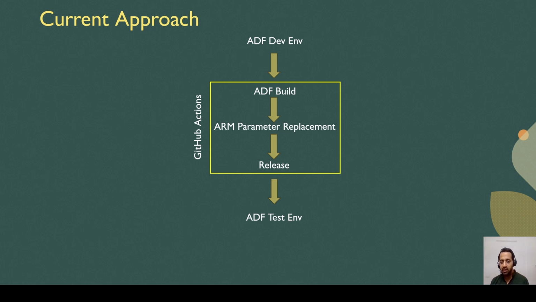We will read that environment-specific config file automatically during our CI/CD process, fail the pipeline if all the parameters are not specified in that template, and automatically replace the values if all the values are available. This is what we are going to do in this particular video.